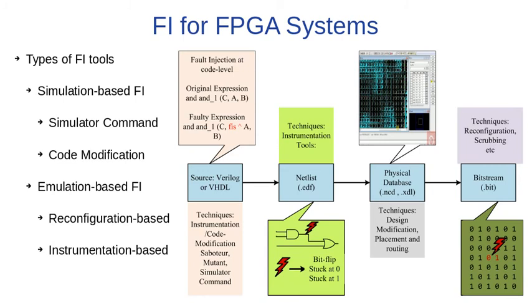Instrumentation based fault injection is the same as the code modification technique, in which we add some component in the original design, and when we activate that component, we see its effect. Reconfiguration based fault injection is used at the bit stream level, where we change the configuration of the design and see the effect on that design.